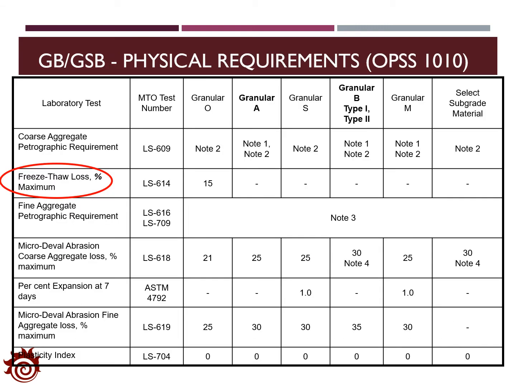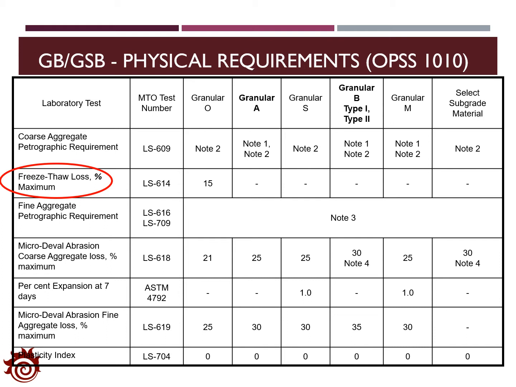OPSS also introduced more laboratory tests to evaluate the physical properties and set up the physical requirements for base course materials. From our previous lectures, we also know that freeze-thaw effect plays an important role in the pavement performance, and they are actually one of the major causes of the pavement distress.